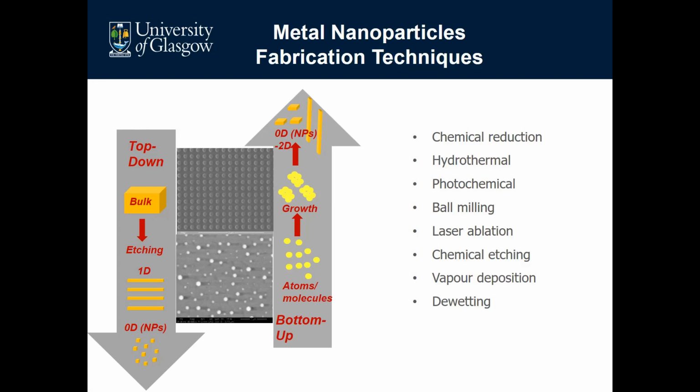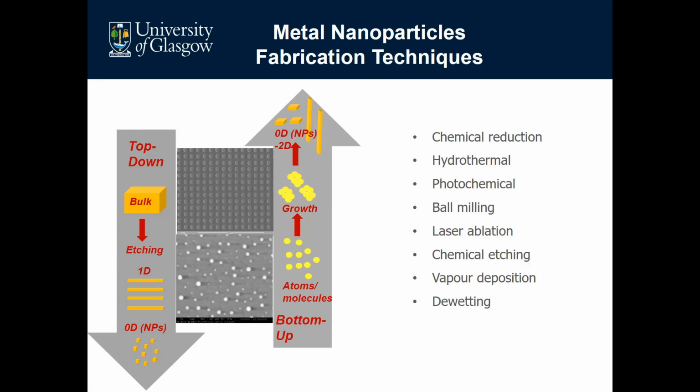The bottom up method uses chemical reagents to grow crystals of a required size using a controlled chemical reaction. Many methods such as chemical reduction, hydrothermal and photothermal are used to produce a variety of nanoparticles, as well as physical techniques, mechanical alloying using ball milling, or vapor phase techniques such as laser ablation and vapor deposition.